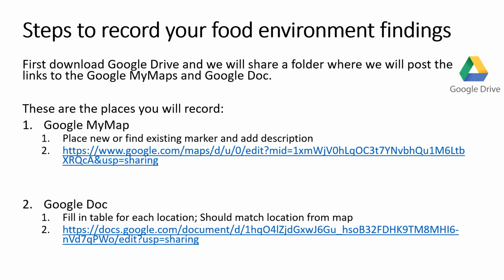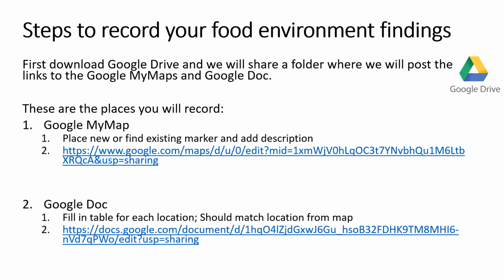This could be to either place a new marker or find an existing marker designating a food access opportunity within the map. Then we also have a Google Doc that's got a table in it, and we'll show you that. You'll fill in the table for each of the locations that you go and assess.